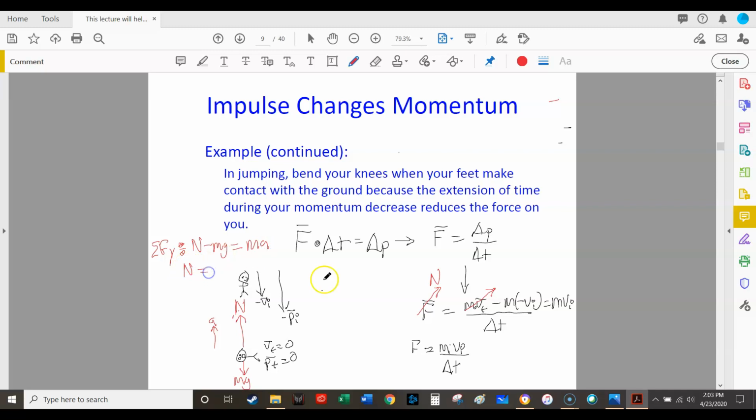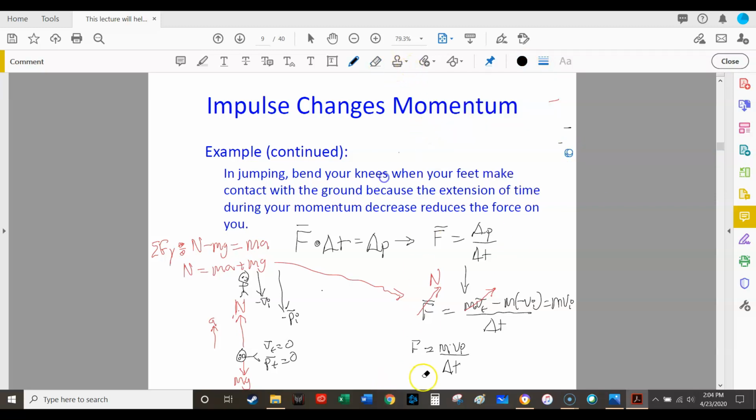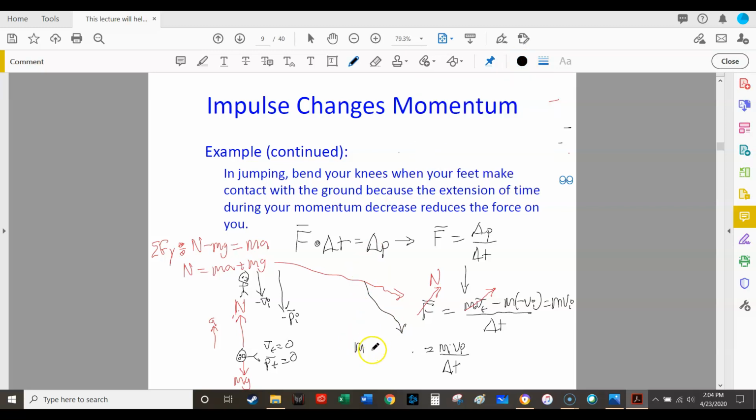So your normal force, which is equal to the force of the ground pushing up on you, which is slowing you down, is going to be equal to mass times acceleration plus mass times gravity, right?